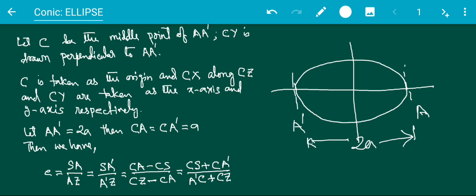This is also known as the major axis. This A A dash is twice a, and CA and CA dash, each portion is a.